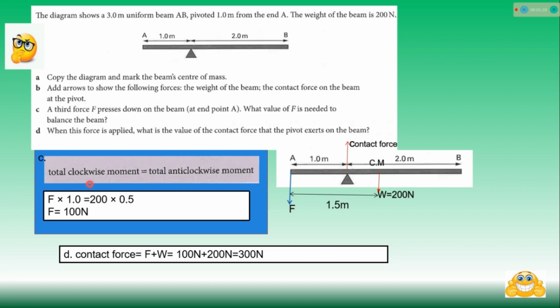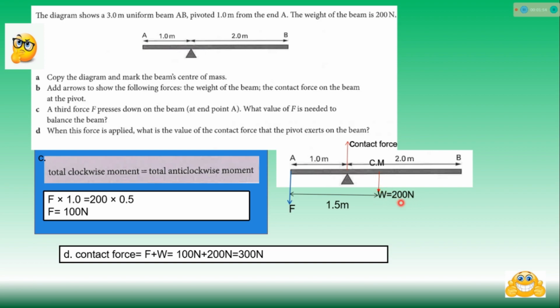So we know that the total clockwise moment is equal to the total anti-clockwise moment if the beam is balanced. So F multiplied by the distance of F from the pivot, which is 1, is the anti-clockwise moment, and it is equal to the clockwise moment. The clockwise moment is coming from the weight.